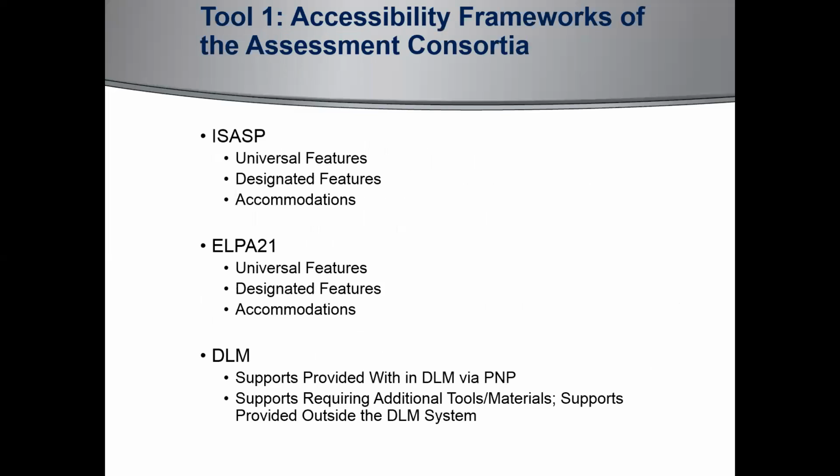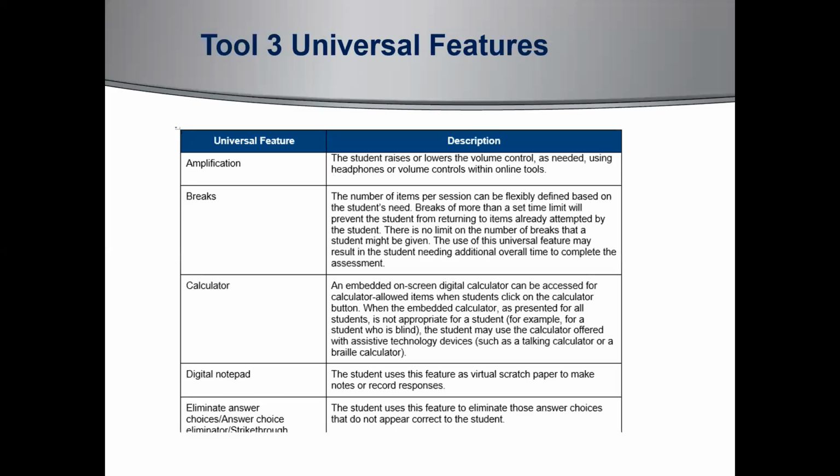Tool 1 is the accessibility frameworks of the assessment consortia, including ISASP, ALPA 21, and DLM. Tool 3 includes embedded and non-embedded universal features that are available to all students.